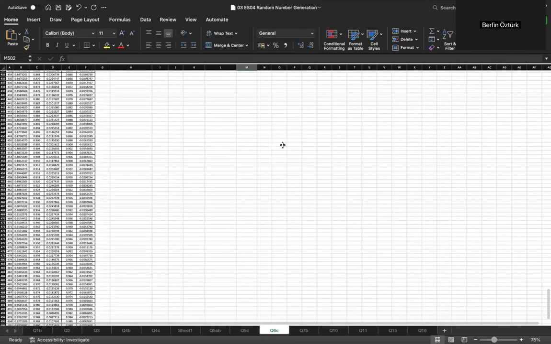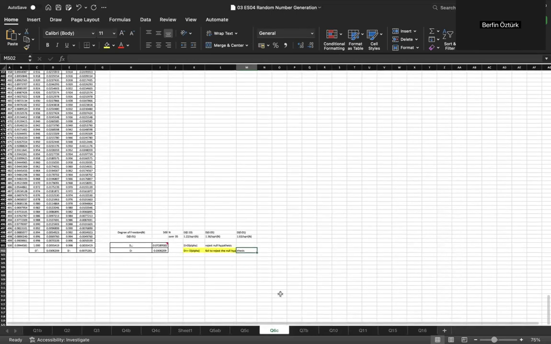On sub-question D, it says, if we were to draw the empirical CDF as X of the sample in C, what would it look like? Again, I am asking you to look up the graph of the comparison between the CDF of the standard uniform distribution and the empirical CDF, which are Fx and Sx.